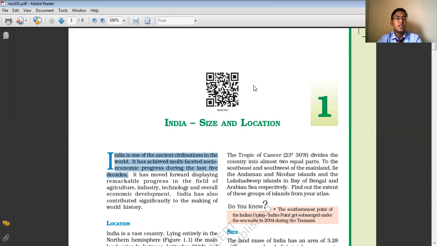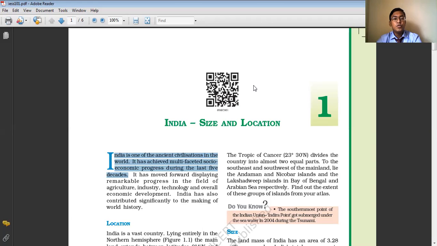In terms of industrialization also, we have achieved a lot. In terms of technology, India is one of the most developed nations. And regarding overall economic development, during the colonial period or before independence, the economic condition of our country was not so good, but after independence, we have improved the economic condition of our country to a large extent.